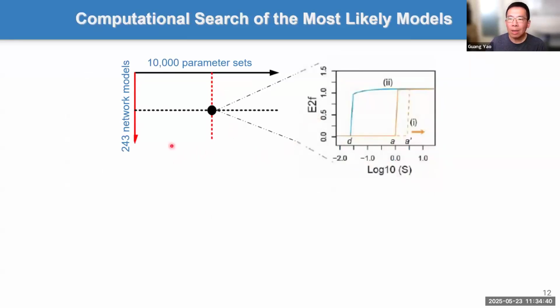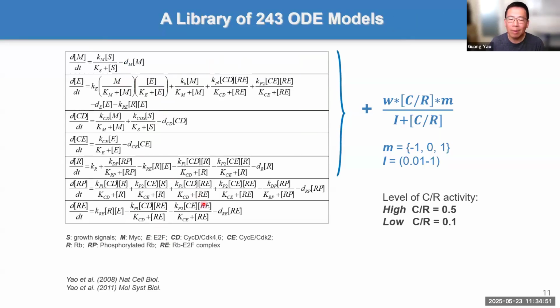Then what we did here is we have 200 something rows. Each row is a model topology ODE. But since we have parameter values for the core network, we don't have parameter values for this added link.